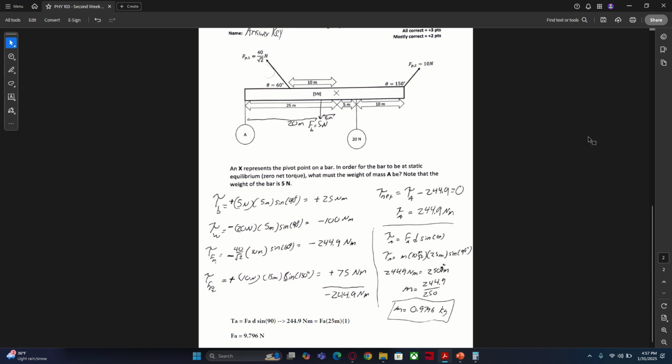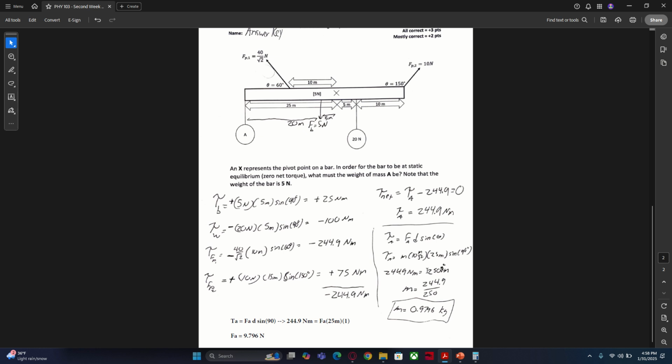I noticed a typo that I should have called out. This side right here is if we are trying to solve for the mass of object A. So breaking that force into its mass times the acceleration due to gravity, which your worksheet labels as 10 meters per second squared, that would therefore become the mass times 10 times 25 times sine 90 degrees.